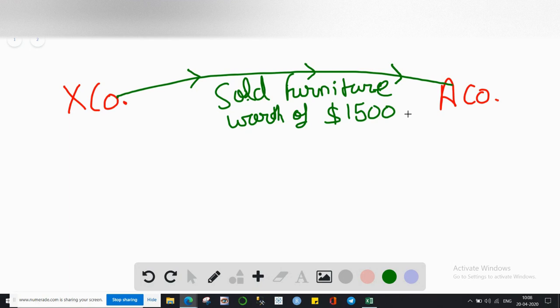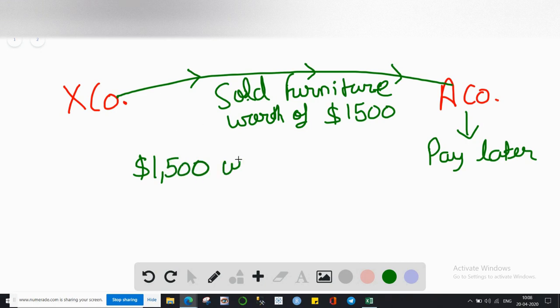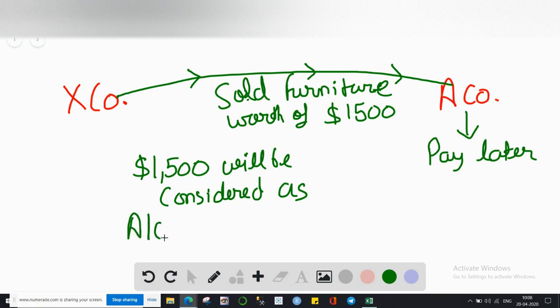Now what happens, A company says pay later. A company said, okay, X company, I do not have the funds right now, so I will pay you later after a certain period of time, let's say 30 days. Now the $1,500 will be considered as accounts receivable.